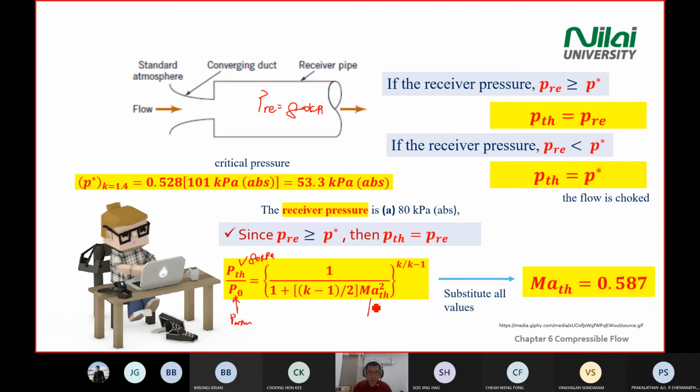So the only parameter we don't know is the Mach number. K you know, 1.4. You substitute, you get the Mach number at this region. Mach at throat in the textbook answer is 0.58. So we know that this number is subsonic, less than 1, but it's more than 0.3. It's still a compressible problem.